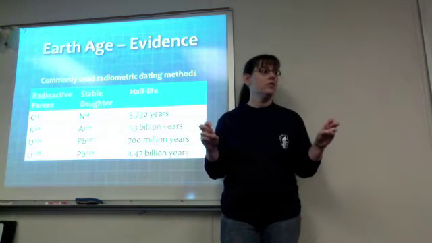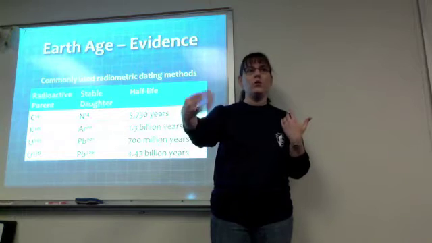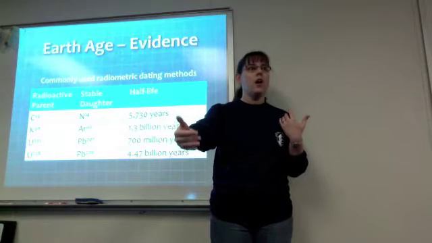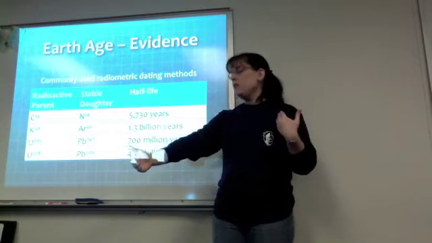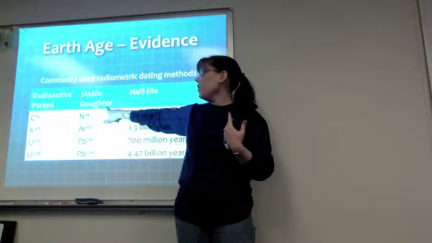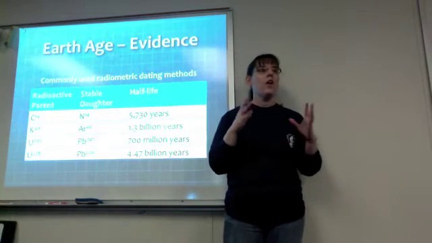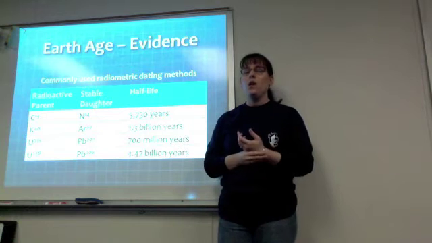The ultimate daughter, the perfect daughter, so the great-great-granddaughter who never had any children of uranium-238 is lead-206. So by stable daughter, I mean the daughter that is no longer radioactive.